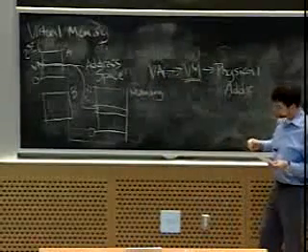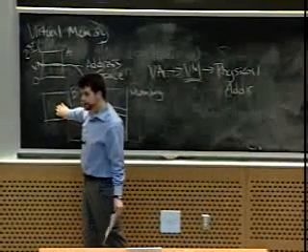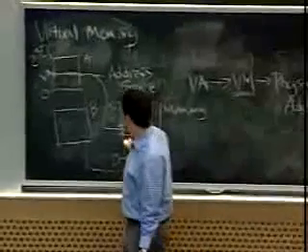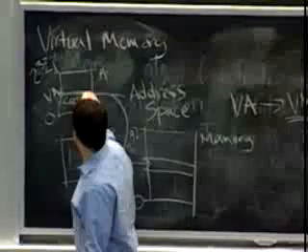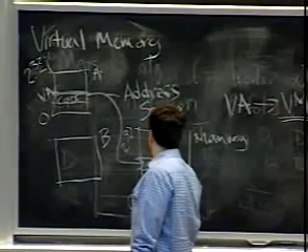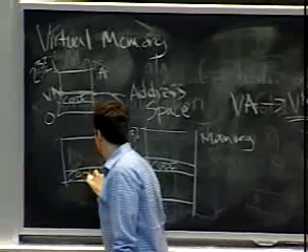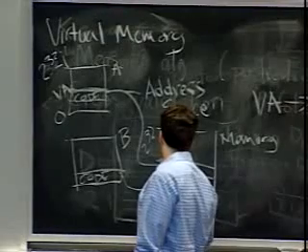So now the idea is that each thing that, say, a process A or B might want to reference is going to be mapped into some different location within this memory. So for example, the code from process A, or from module A, is going to be mapped into one location, and the code from module B is going to be mapped into a different location in the physical address space. Okay?